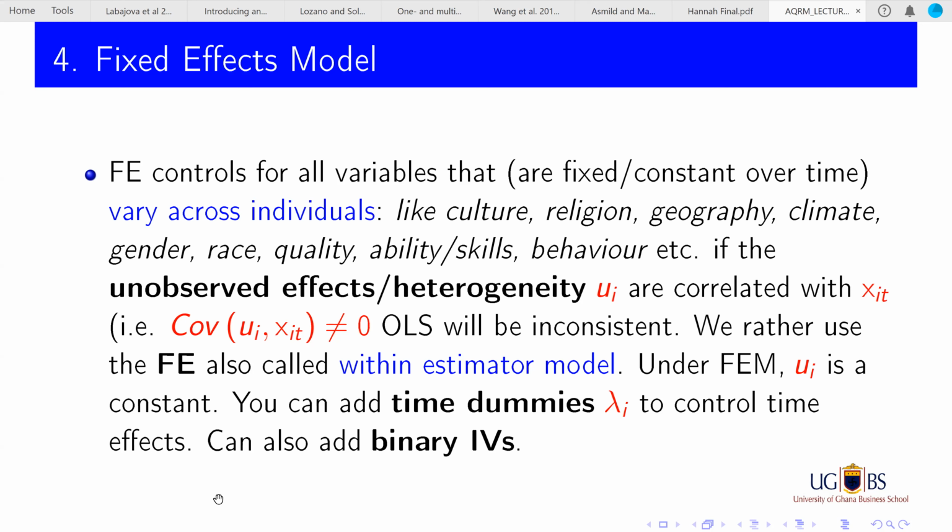The fixed effect model is also called the within estimator model. So you model the fixed effect, and then you can add the time dummies to control for time. You can add binary independent variables inside, just as you would have done with any other model. The most important thing is that the variables that are fixed over time are controlled for.